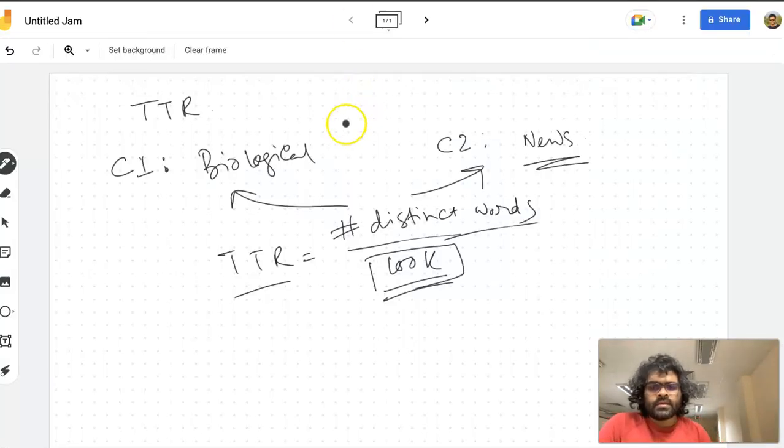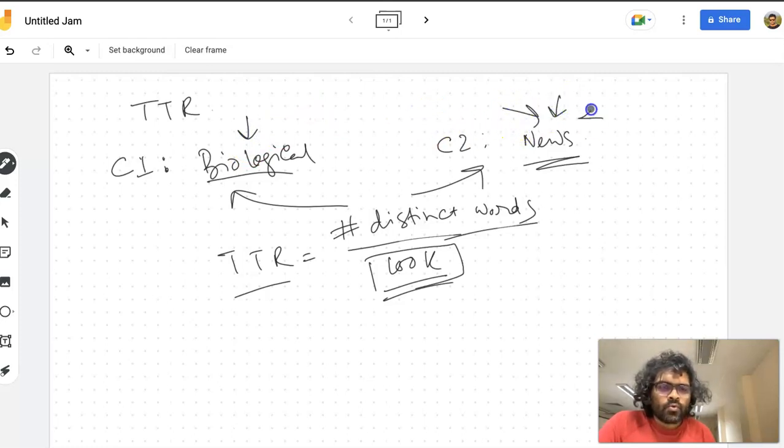The easy thing is that biological is kind of a closed domain, so the vocabulary is kind of limited. Therefore you cannot expect a phrase from a movie in the biological corpora, but in a news corpus you can find science, entertainment, sports, all these things.